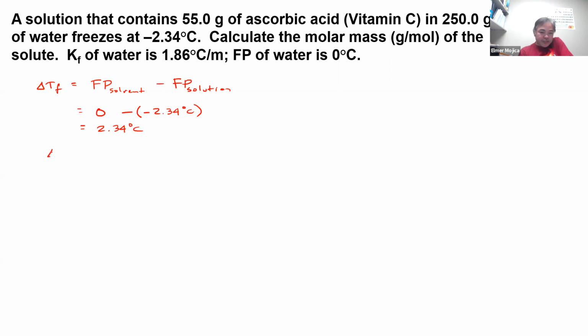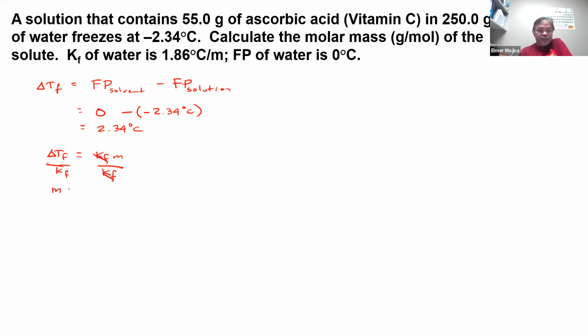Now, once we have the delta TF, we can use the formula. Delta TF is equal to Kf m. So the delta TF is now given as 2.34, and the Kf is also given here. So if we rearrange this, we have this formula.